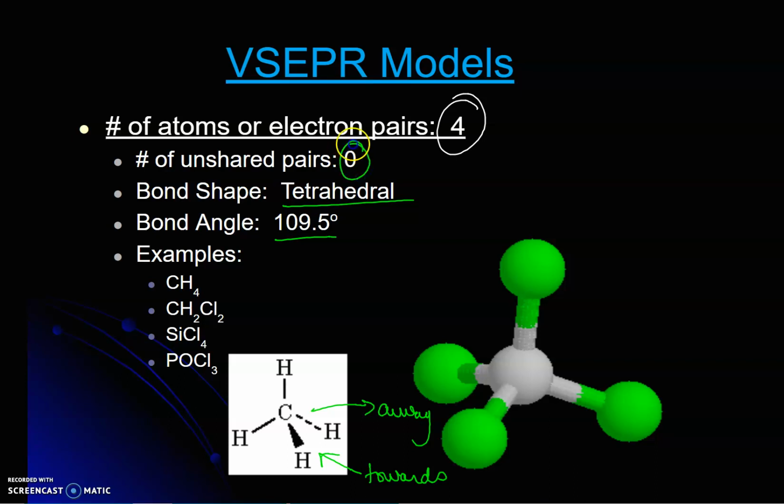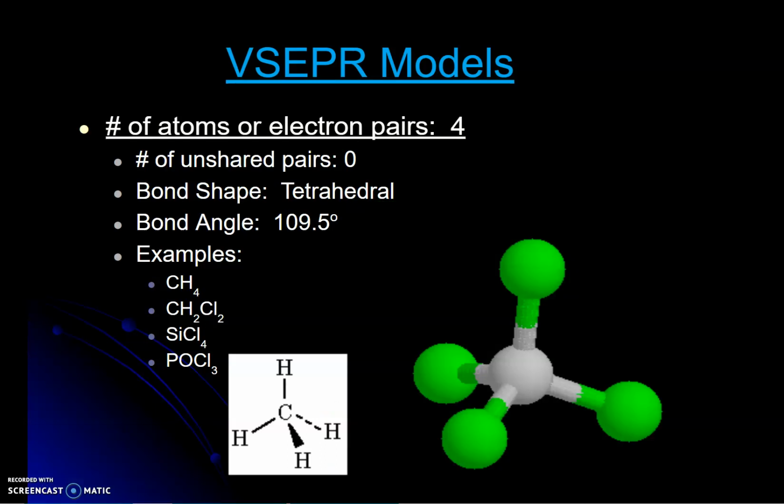And as long as you have no lone pairs, it takes this nice tetrahedral shape. So methane, CH4, is going to have that. Dichloromethane as well, silicon tetrachloride, phosphorus with an oxygen and 3 chlorines, they're all going to do the same thing. Those 4 things can be as far away from one another as possible at a 109.5 degree angle.